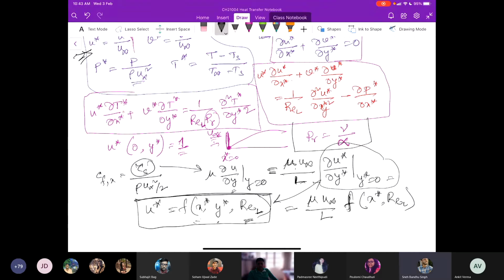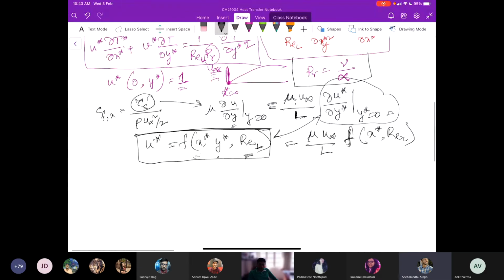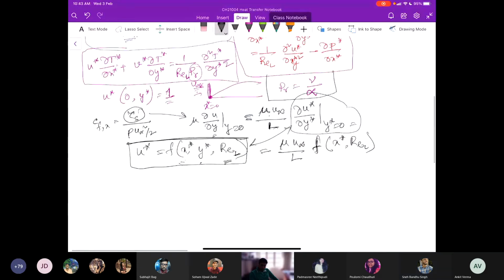Clear? Yes, sir. Now again we go back here. So now this is my tau s. So the shear stress is a function of the distance from the leading edge and the Reynolds number.